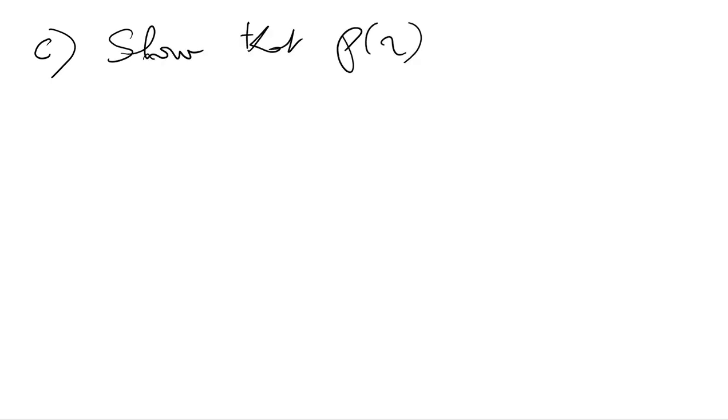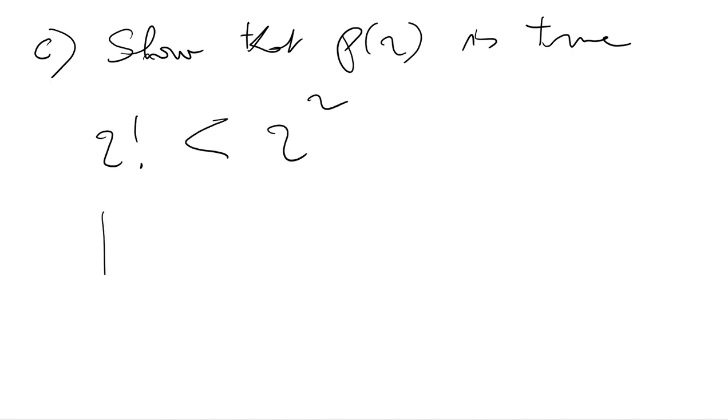So now I'm going to do something else. I say that C: show that p of 2 is true. So for the p of 2, we got 2 factorial less than 2 to the second. So what I'm going to do, I'm going to break this down into parts. So 2 factorial is 2 times 1, which is 2.